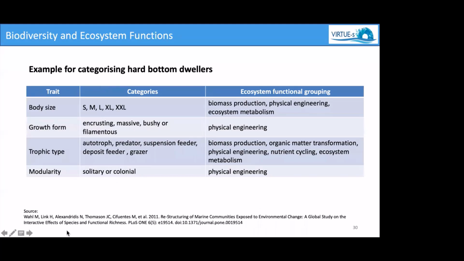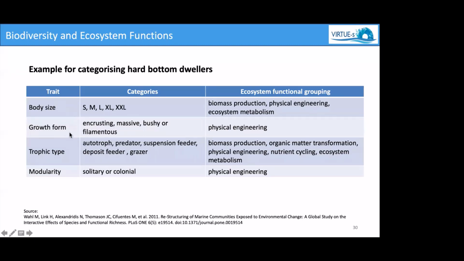For instance, here's one research performed by Val et al. about hard bottom dwellers, and they categorize the hard bottom dwellers with these four traits: body size, growth form, trophic type, and modularity. So for one trait, the categories would be small, medium, large, XL, and XXL.